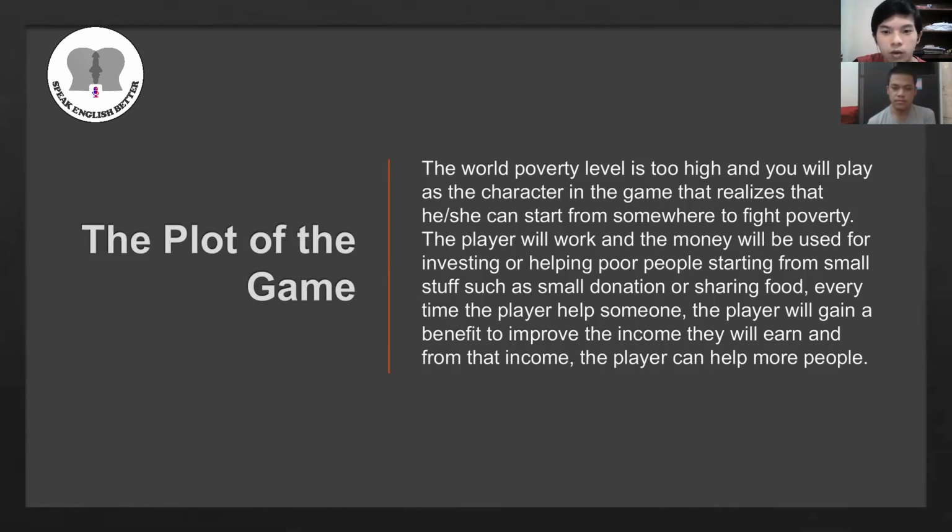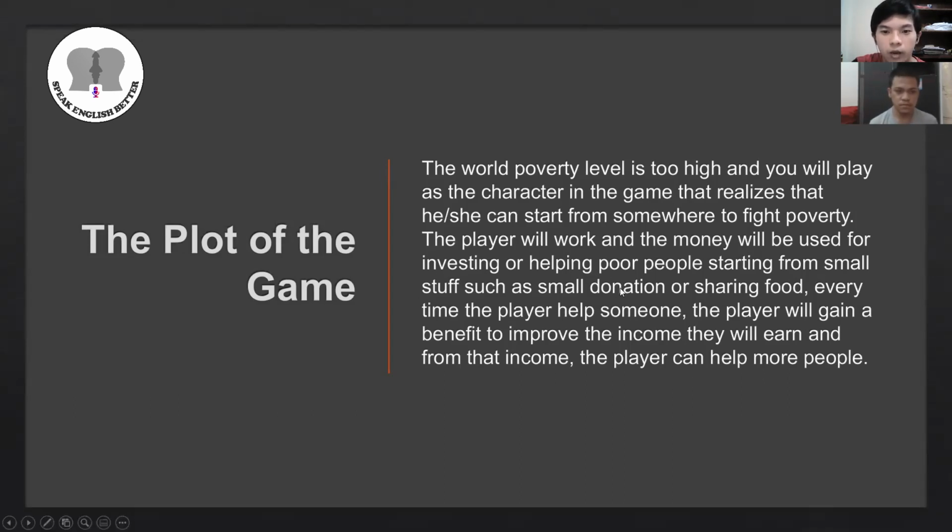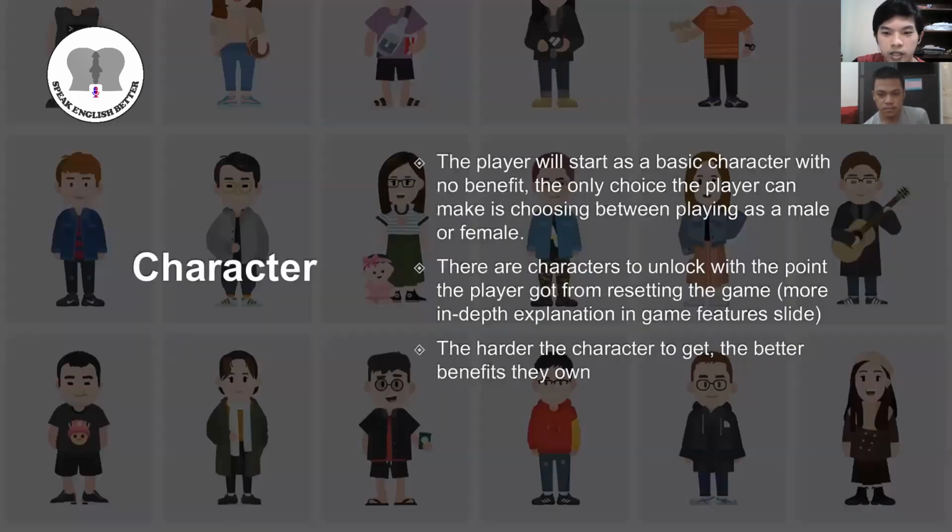The player will work and the money will be used for investing or helping poor people, starting from small stuff such as small donations or sharing food. Every time the player helps someone, the player will gain a benefit to improve the income they will earn, and from that income, the player can help more people. I'd like to turn to the next slide.